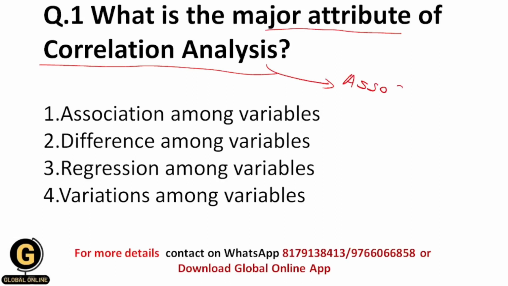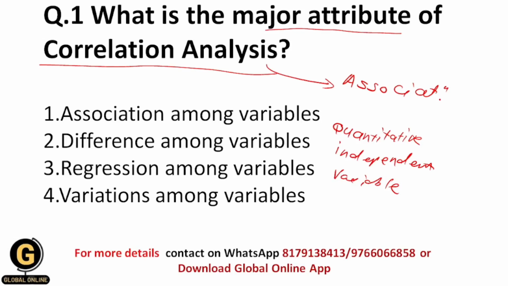This is the most important thing: association between one or more quantitative independent variables and quantitative dependent variable.